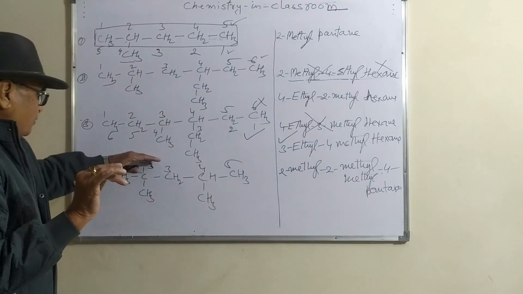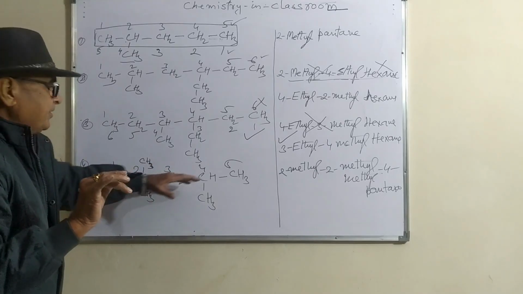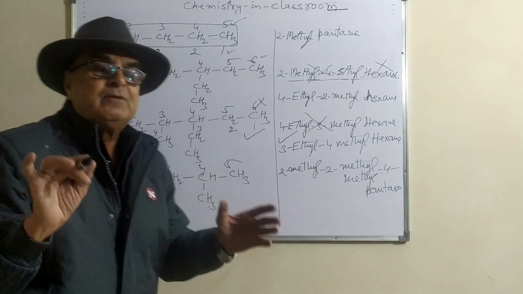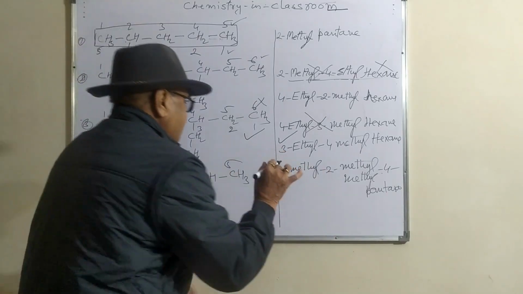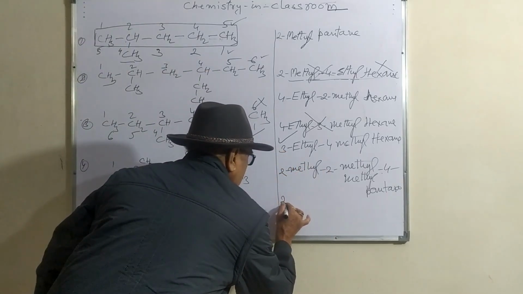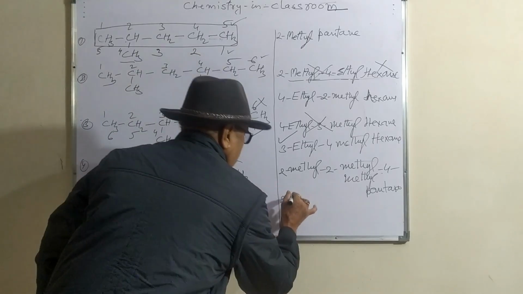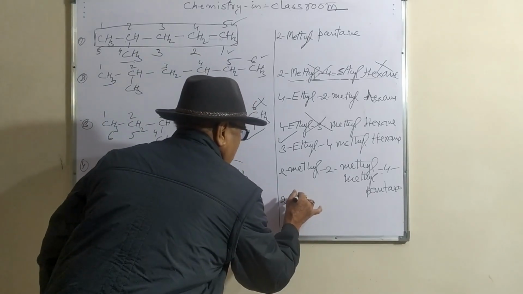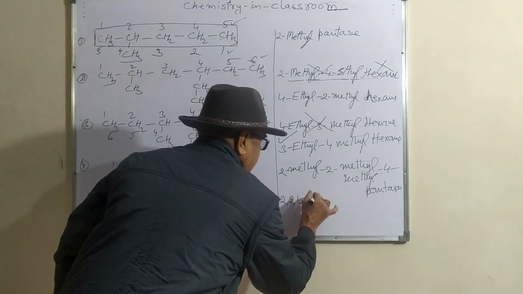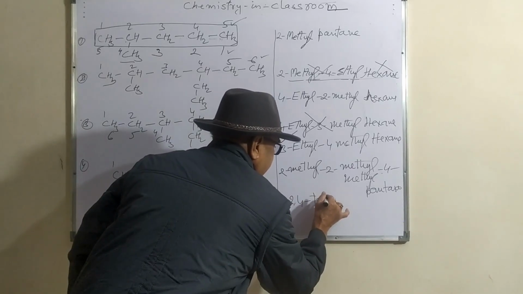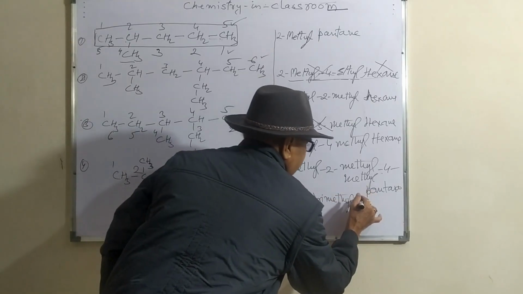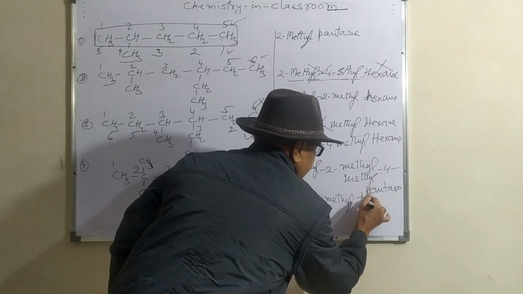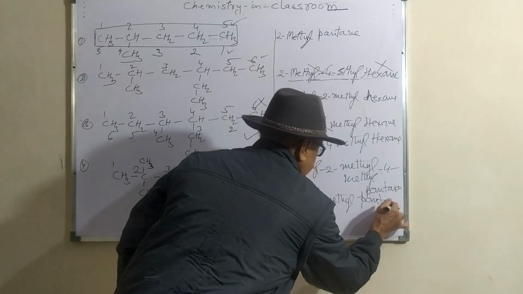When the same groups are present on a chain, the names of the substituent groups are the same. So you can write this in this way: 2, 2, 4 trimethyl pentane.